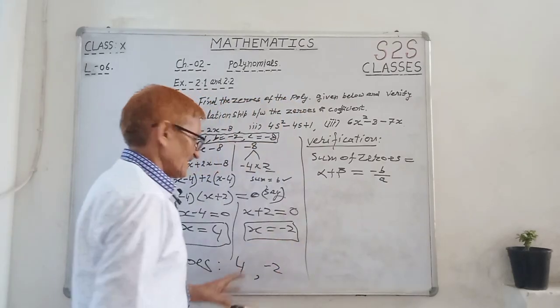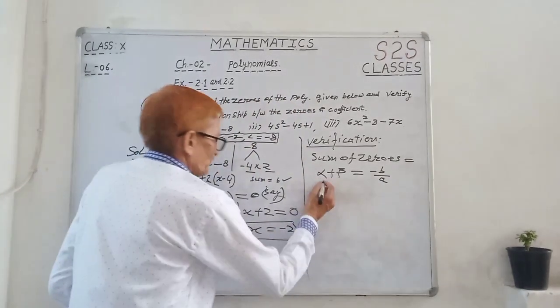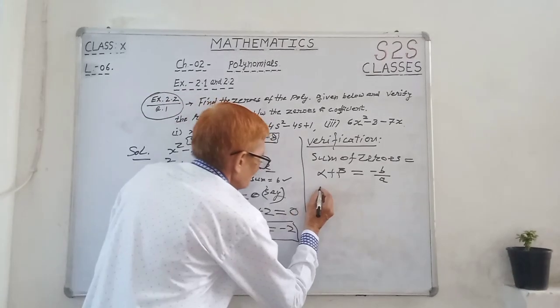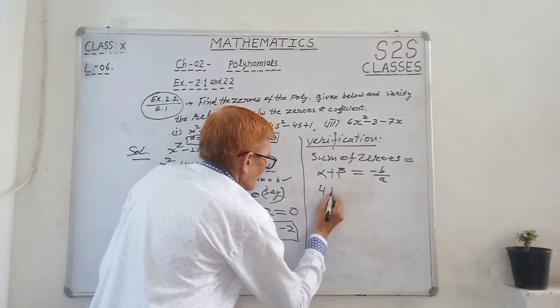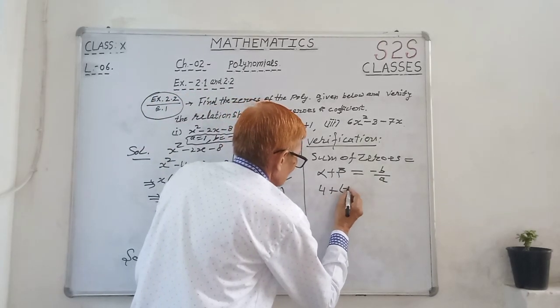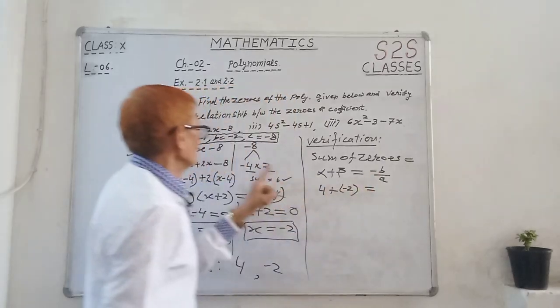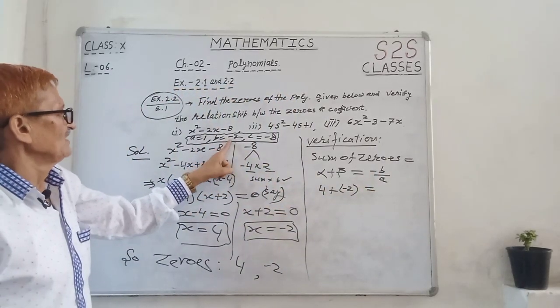So put the values here and verify. This is true, truth verification. Put alpha value 4 plus beta value -2, that is 4 plus -2, equal to the value of b. What is the value of b?